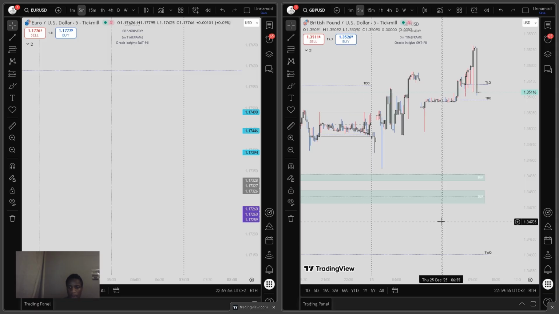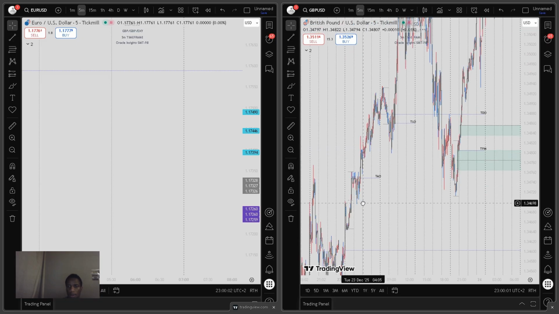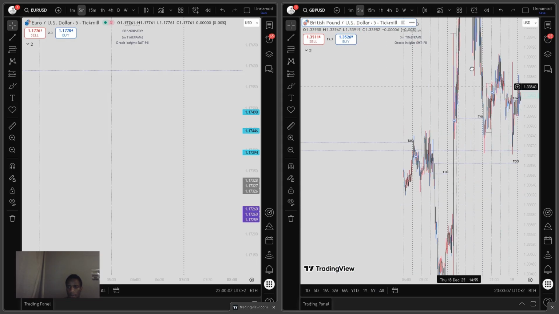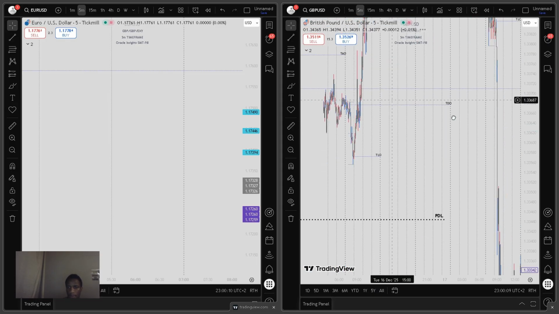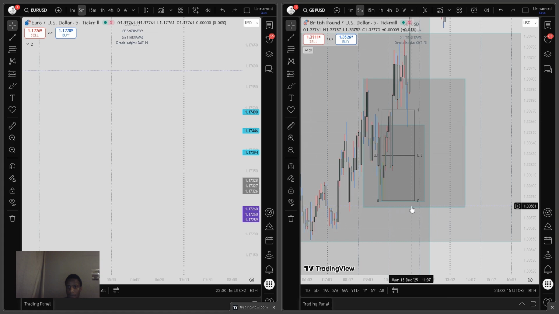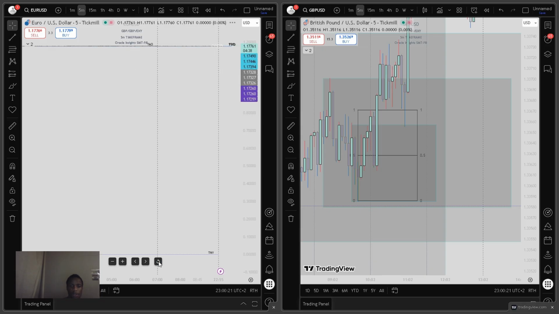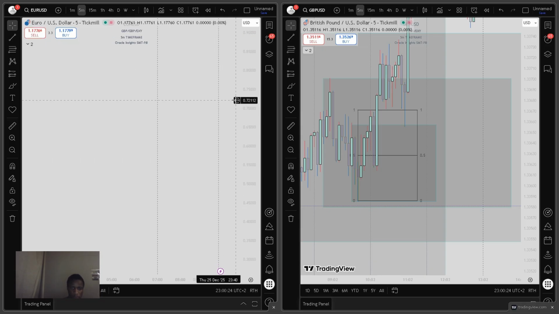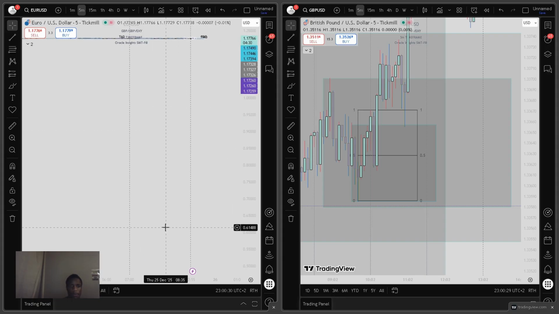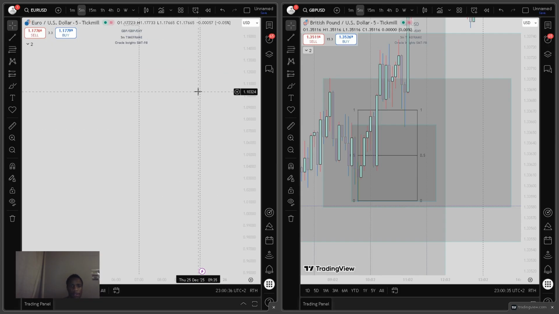So I'm going to try and scroll over real quick to the 1 minute chart. Let me see. As you can see right there, we got our retracement tool, the equilibrium, looking real good over there. Okay, the 5 minute is acting kind of funny on the Euro USD side of things, so this might take a while.